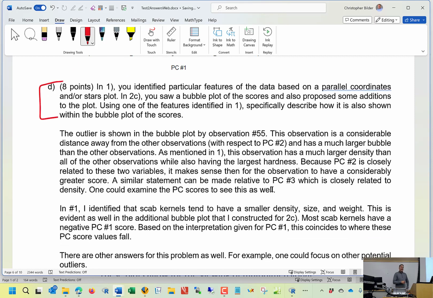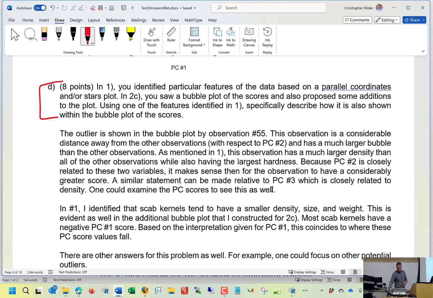Basically, identify a feature of this plot that can also be seen in that parallel coordinates plot in number 1. I really like this problem because it helps you make connections between the different kinds of plots that we've talked about, in the graphics section and eventually the principal component section. That's what I was trying to assess there, if you can make those kinds of connections.